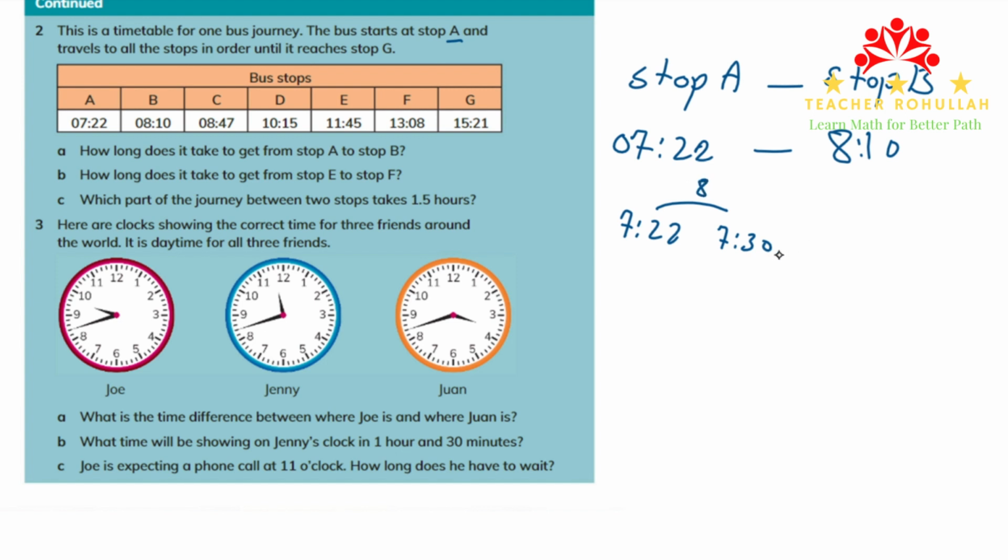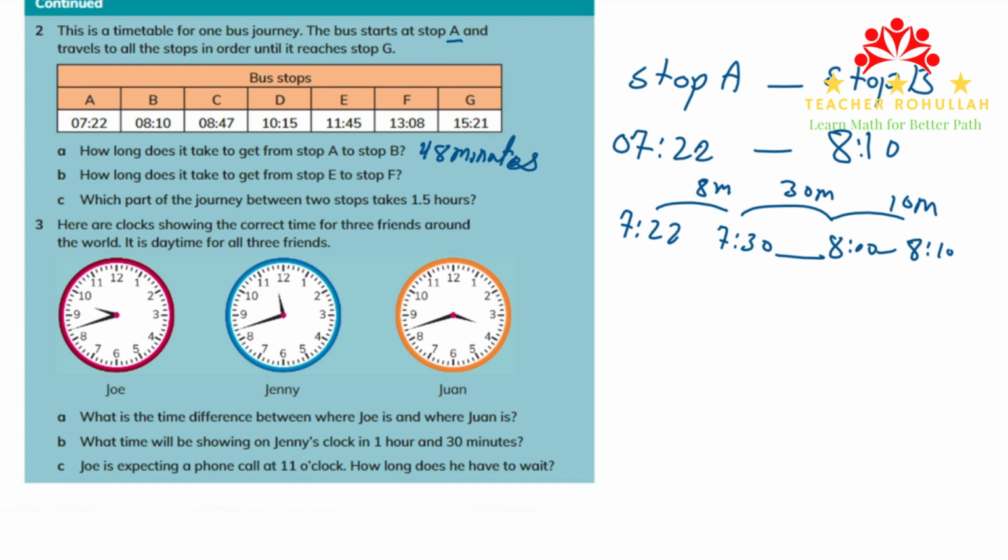From 7:30 to 8, it is 30 minutes. M stands for minutes. And from 8 to 8:10, it is 10 minutes. Now 30 plus 10 is 40, then 40 plus 8 is 48. So this is 48 minutes.